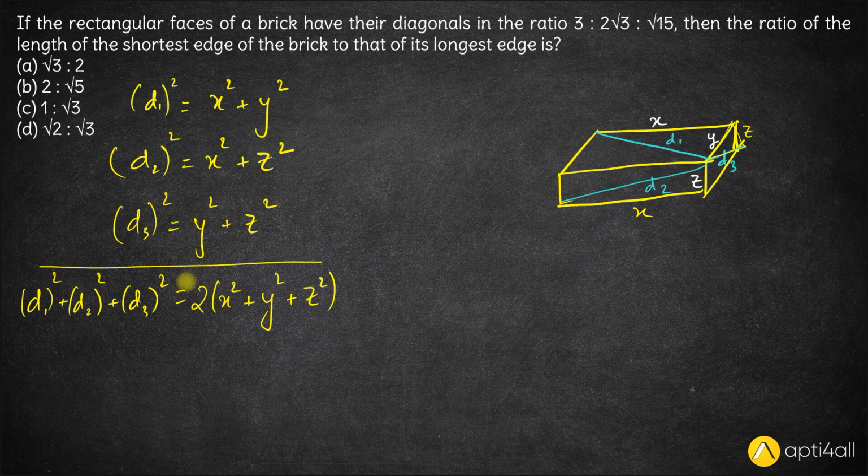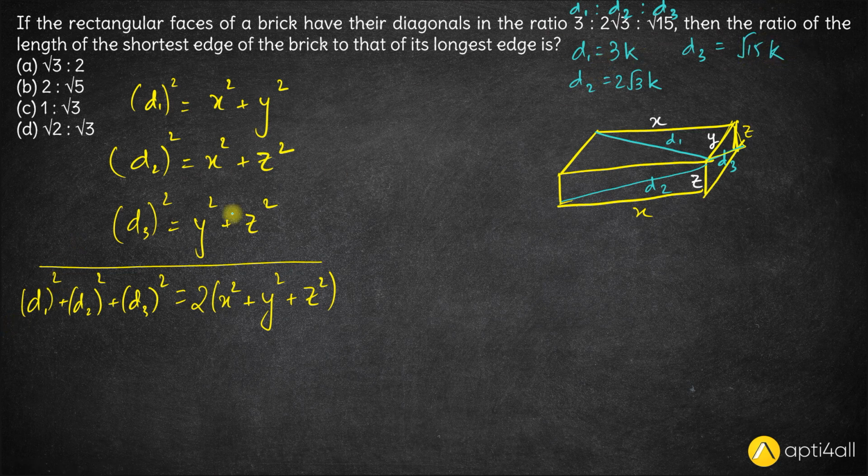Now we are given that the ratio of d1, d2, d3 is 3:2 root 3:root 15. So let's say d1 will be equal to 3k, d2 will be equal to 2 root 3 k, and d3 will be equal to root 15 k, right?